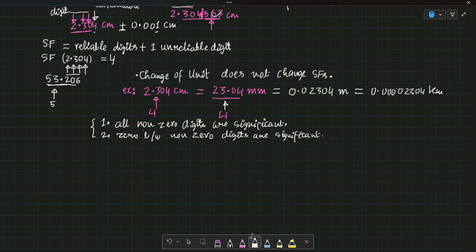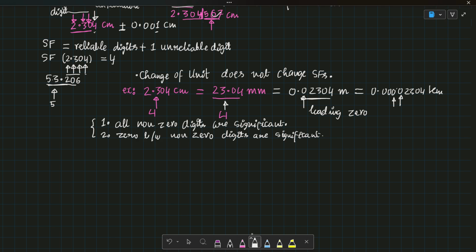Now, how do we treat the leading zero? This is called leading zero.